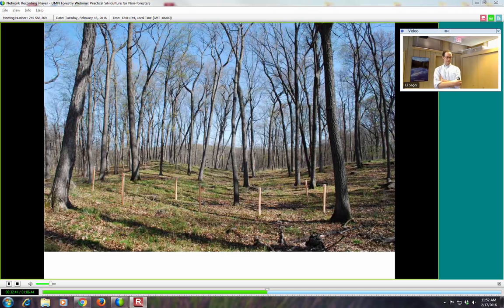But you can see the kind of matrix of residual trees that are designed to create that mix of sun and shade, relatively evenly distributed across the stand. And you can also see in this case, they do some deer management, but they have a very high deer population, and the tree shelters that you see in the foreground and elsewhere there are designed to protect at least some of that oak regeneration from deer.